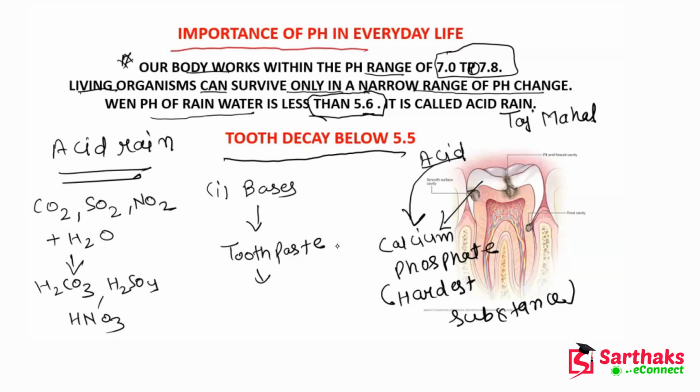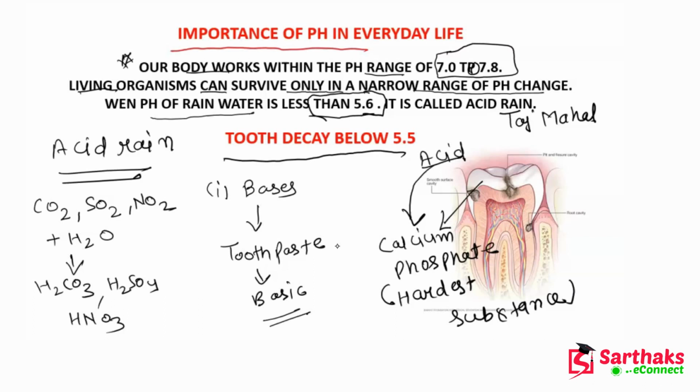Toothpaste is basic in nature. So what happens when we brush our teeth? The acid gets neutralized by the basic nature of the toothpaste, and this prevents the tooth from being damaged.